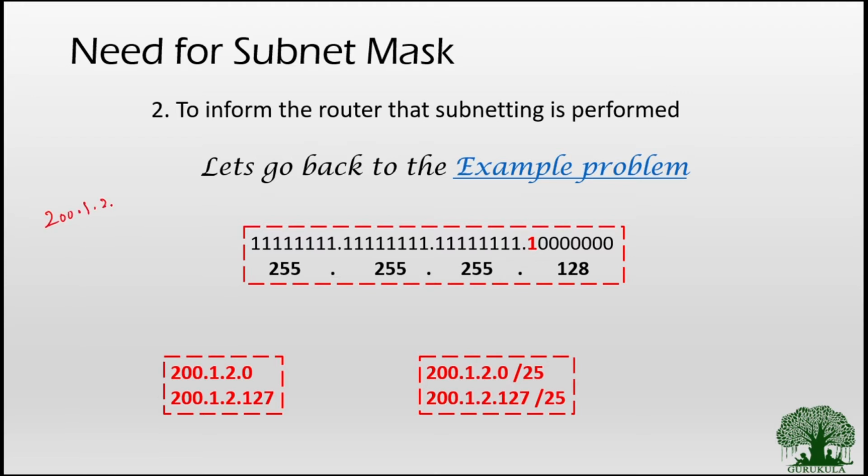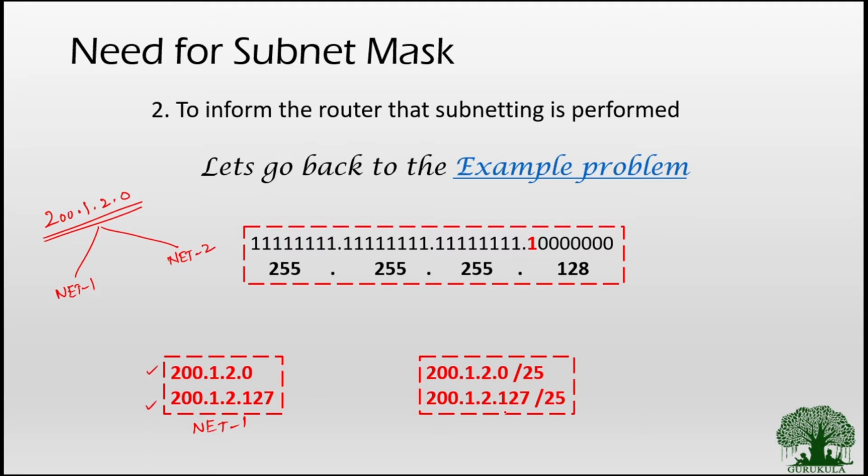The given address space is 200.1.2.0, and we further subdivided this particular address space into two address spaces. This is the first address space that belongs to net 1, and we subdivided this into net 2 as well. So this is what net 1 is.